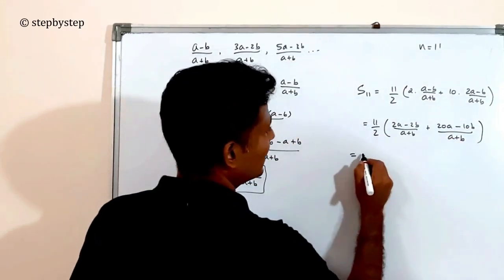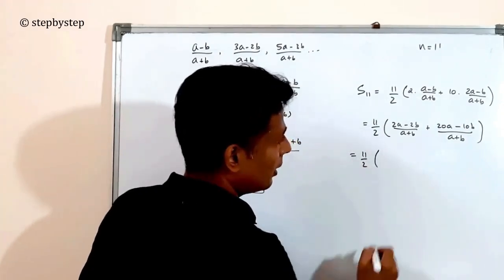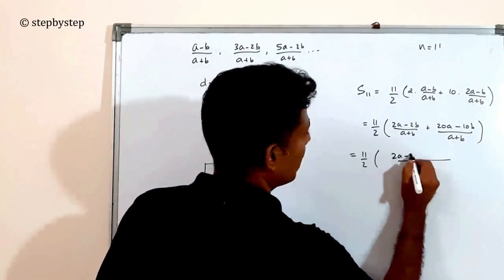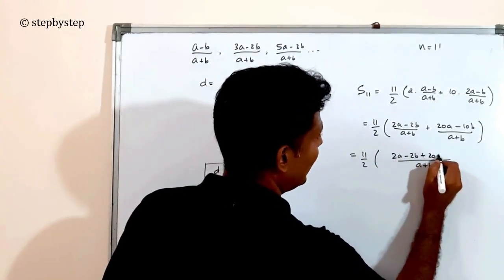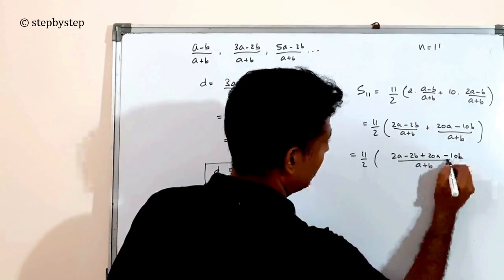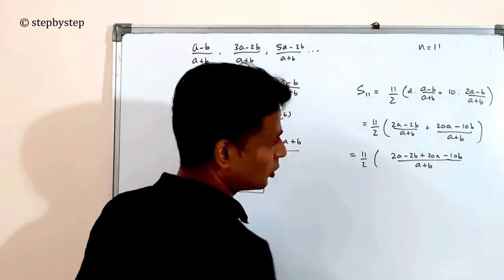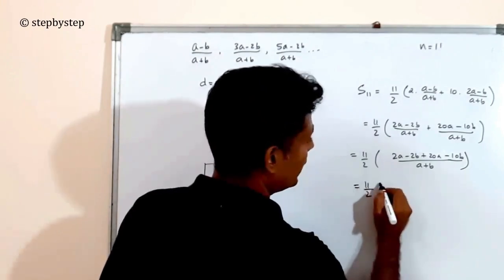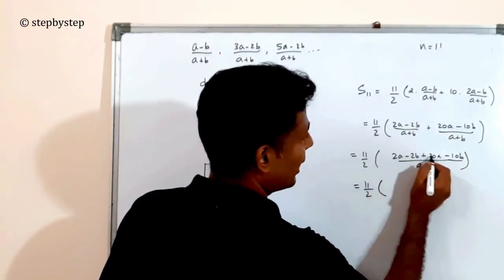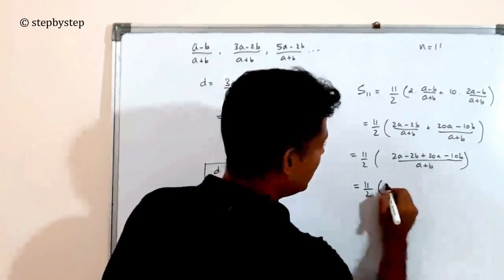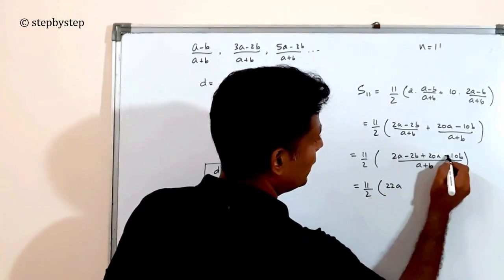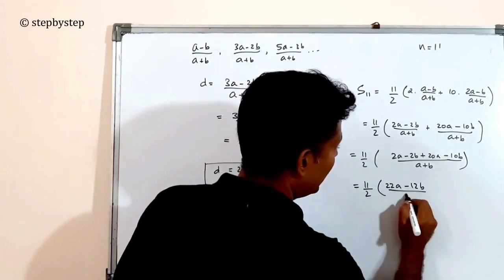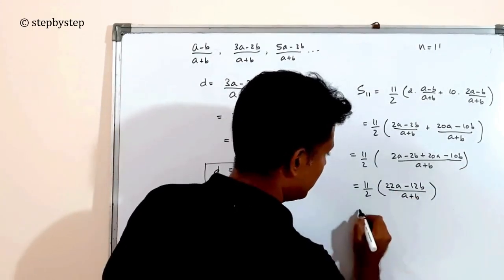Now again the denominators are the same, so I can directly take the LCM. So it becomes 2a minus 2b plus 20a minus 10b. I am not putting a bracket because it's a plus sign, so signs will not change. So 11 by 2 into 2a plus 20a is 22a, minus 2b minus 10b is minus 12b, by a plus b.